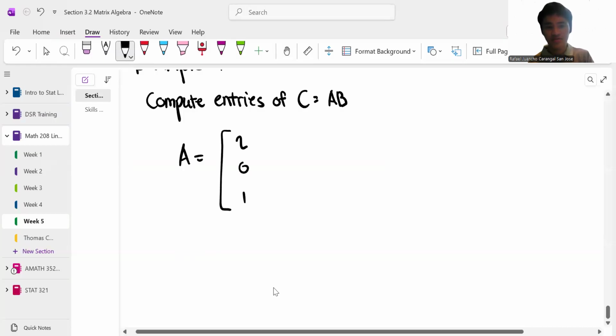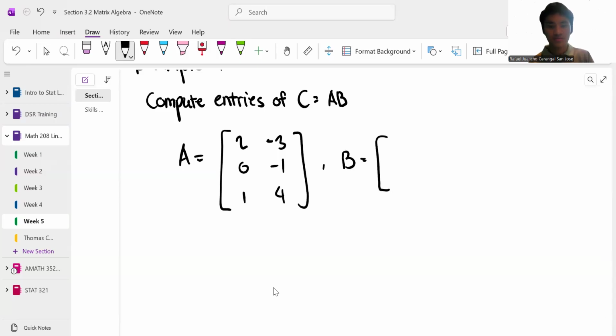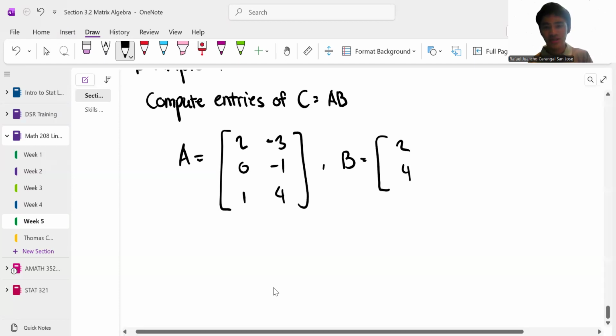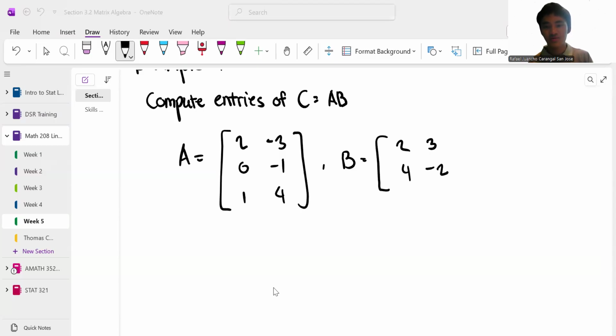Say these are the entries of A, and these are the entries of B. So in this case, this works. This is defined since the columns of A are equal to the rows of B. So we know this works.